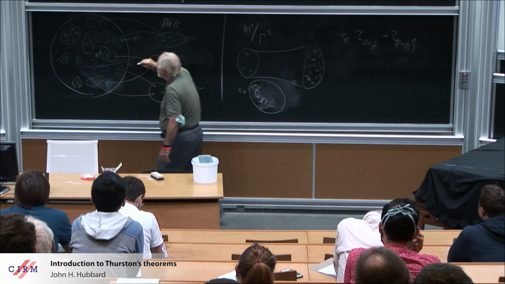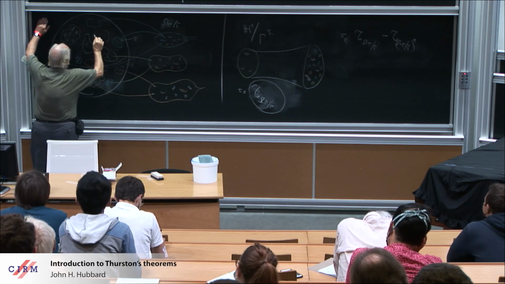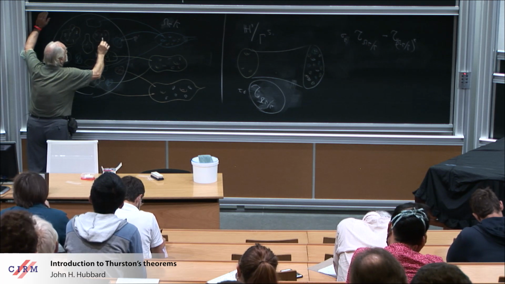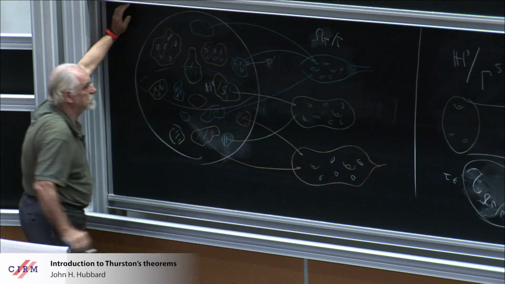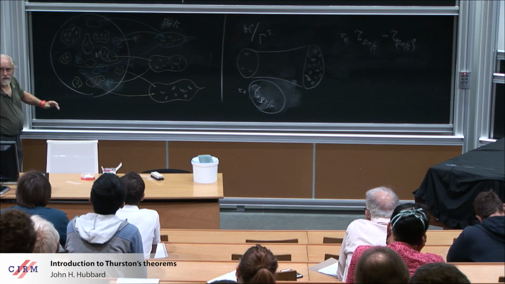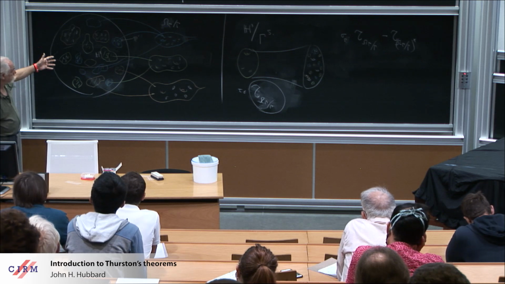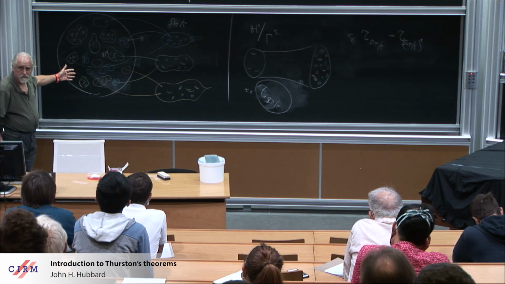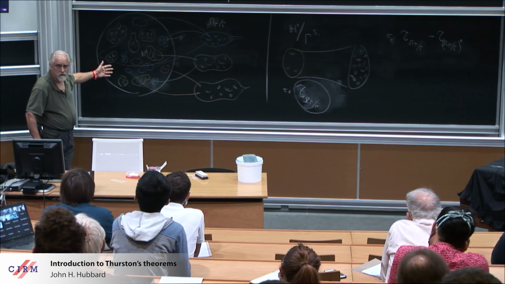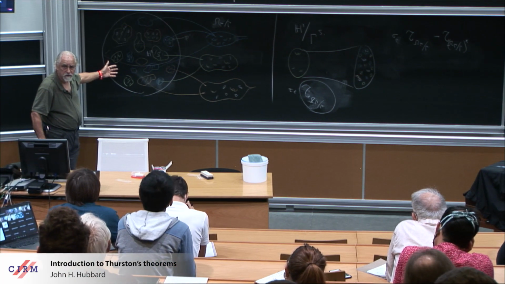I'm lifting it to a complex structure on each spot. That gives me a complex structure on the Riemann sphere, because the complement has measure 0.